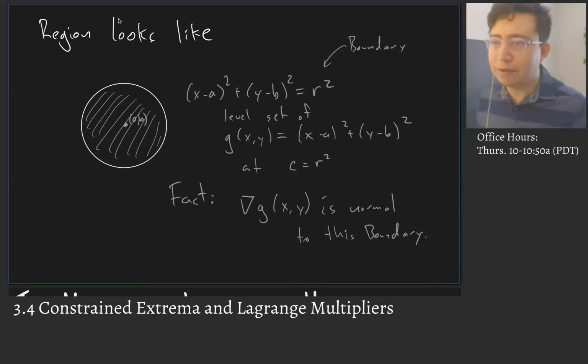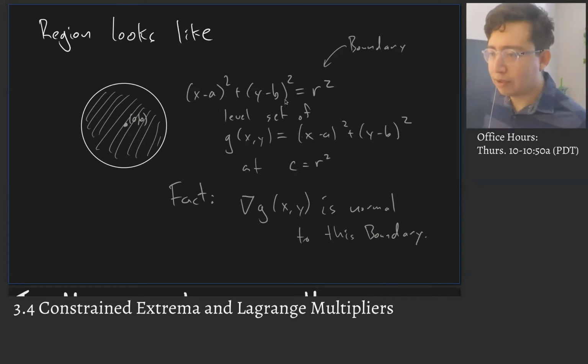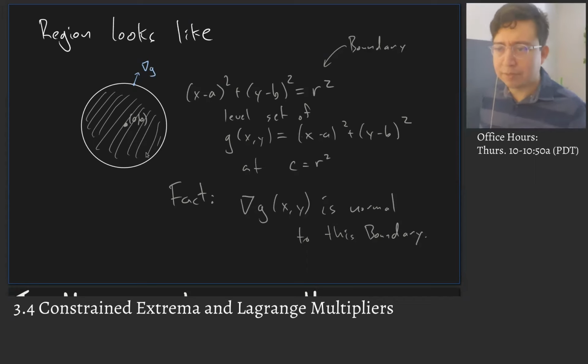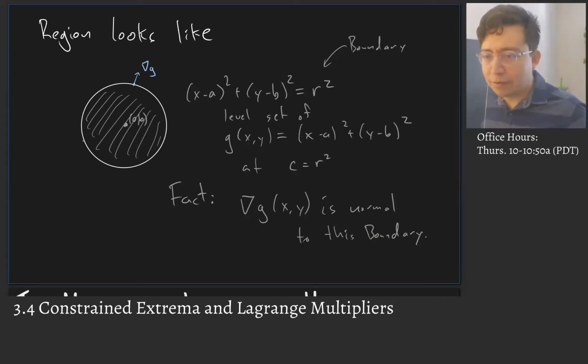In my picture over here, at this point here I can draw the gradient of this function. This is not the function we're trying to minimize; in fact, it's usually not going to be. This here is the gradient at this point.